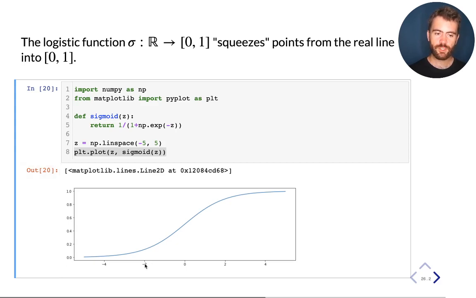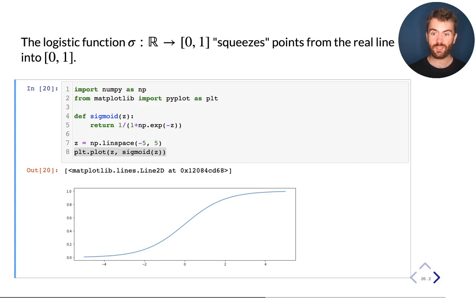So here we're squeezing all the possible values on the real line into a number between 0 and 1. And this is intuitively what we want, because we have two classes denoted by 0 and 1, and we want to output something that's between 0 and 1.